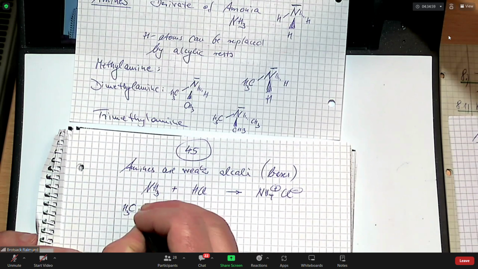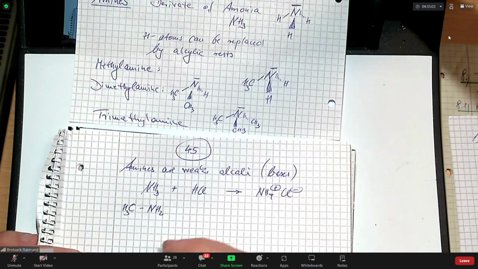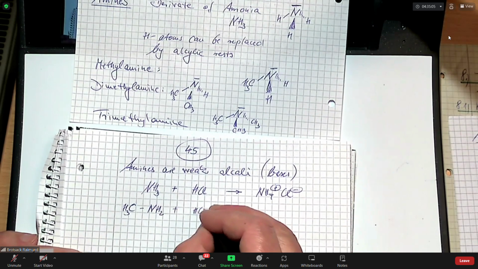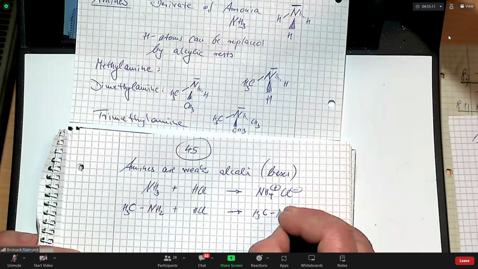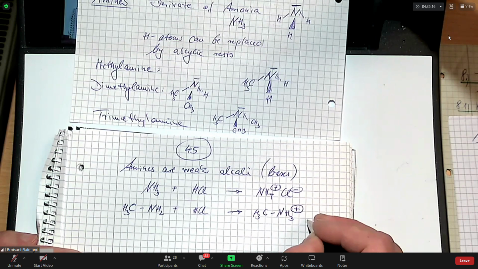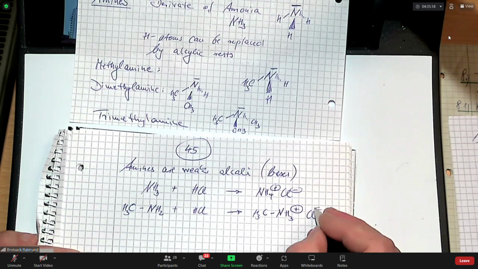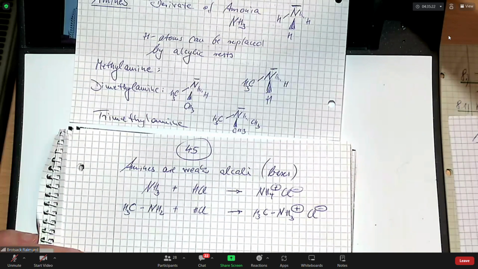So methylamine, CH3NH2, and hydrochloric acid. Then we have the CH3NH3 plus Cl minus. That's the methylamine hydrochloride.